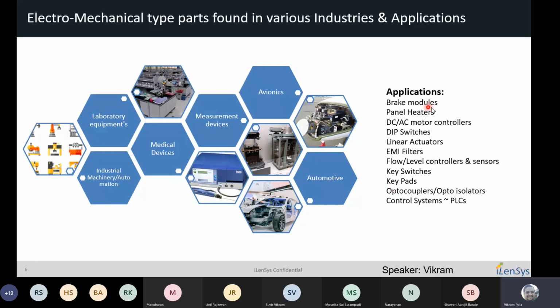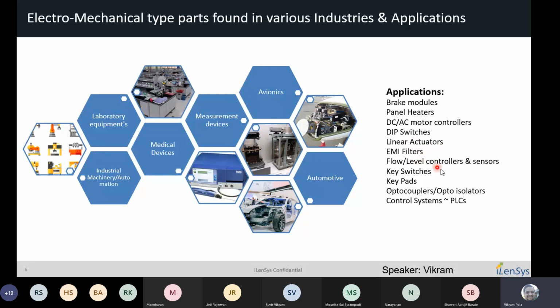You see brake modules, which appear in the automotive industry as well as in avionics. The panel heaters, you'll find in industrial equipment. The DC AC motor controllers can range across several instruments. Dip switches are common ones, used across several product lines, similar to linear actuators and EMI filters.